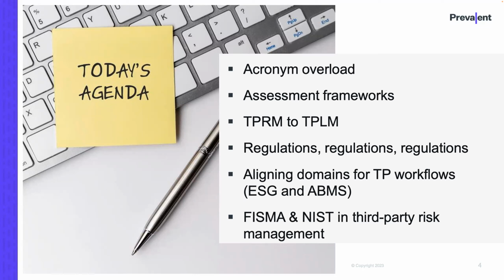We'll touch on how those frameworks are being managed, how third-party risk management is in fact transitioning to third-party lifecycle management as a reaction to that. We'll dive into some of the more common regulations that we're seeing, both, of course, in North America and Europe. And then we'll highlight some of the criteria that we're seeing more specifically at the moment around ESG and anti-bribery management systems in third-party workflows, and touch, of course, on FISMA and NIST.